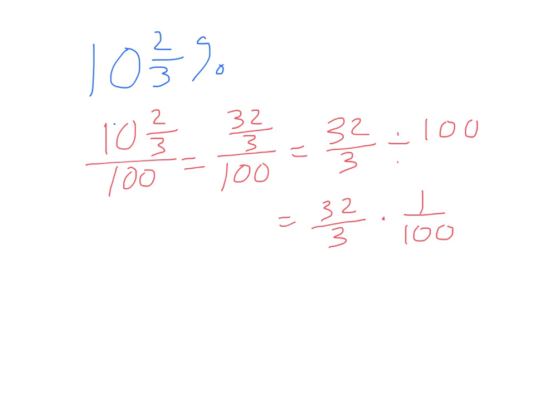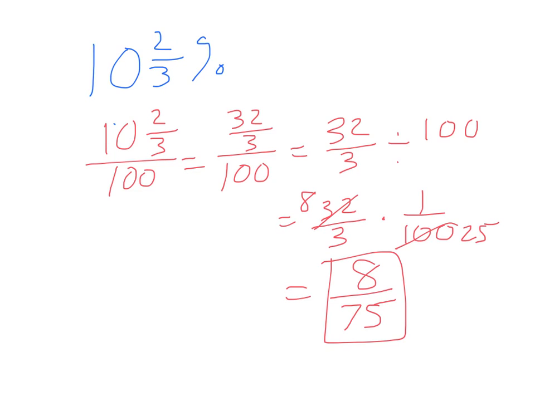I noticed that 32 and 100 could each be divided by 4. That's 8 and that's 25. So what I end up with is 8 75ths. How many people got 8 75ths? Good.